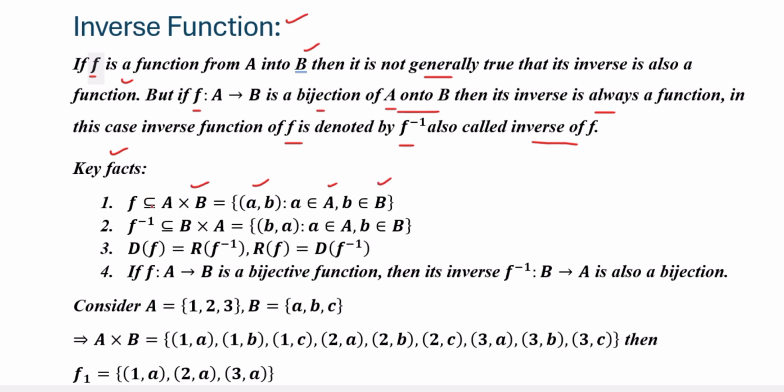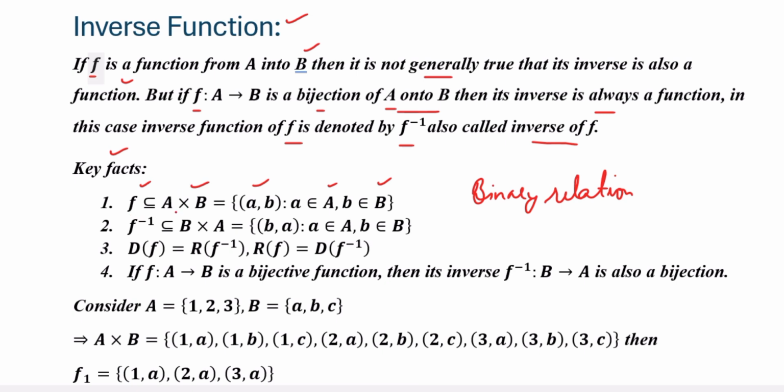Every subset of A cross B is called a binary relation, and the function f is one type of binary relation. So that's why I am writing here f is a subset of A cross B.